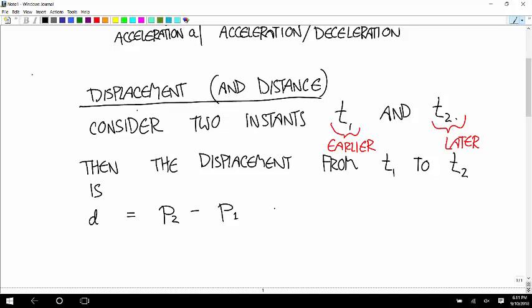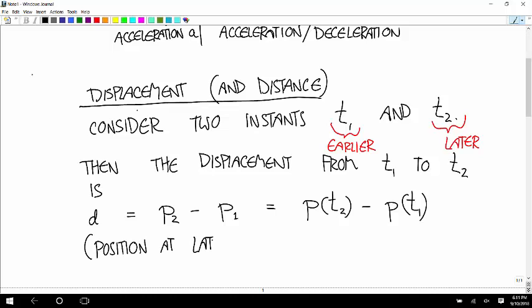That's one way to write it. Another way to write it would be, if you think of the position as a function of time, the position at the time T2 minus the position at the time T1. So you can think of it as position at the later instant minus the position at the earlier instant.